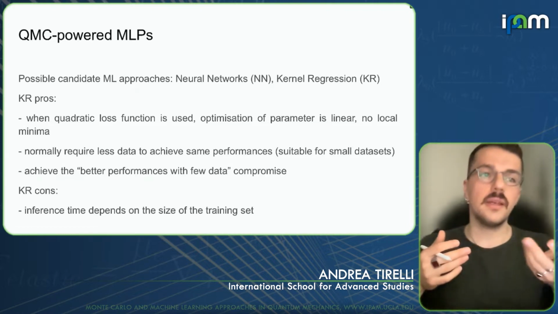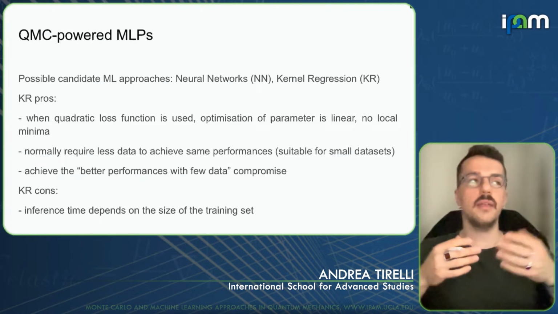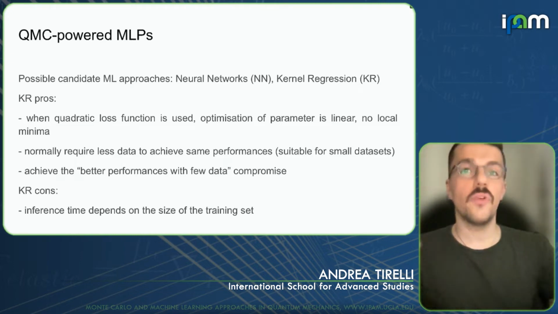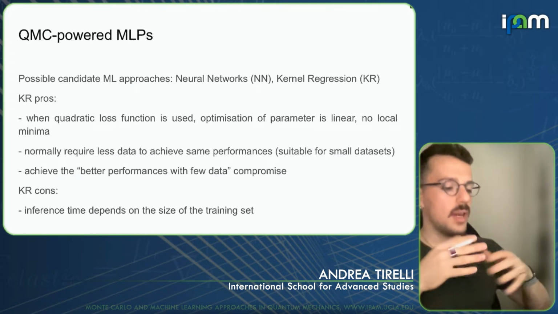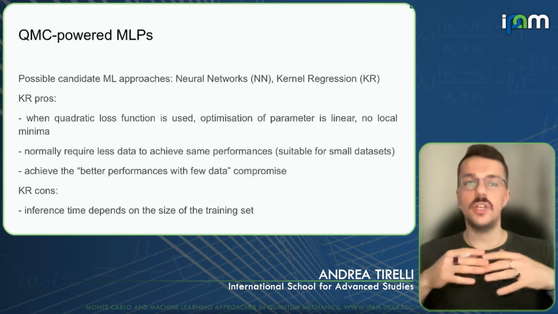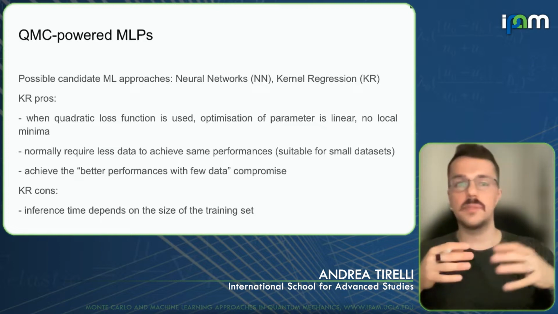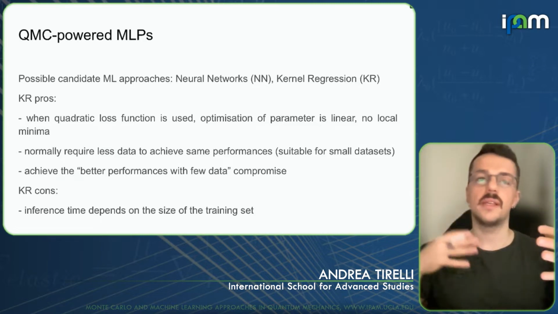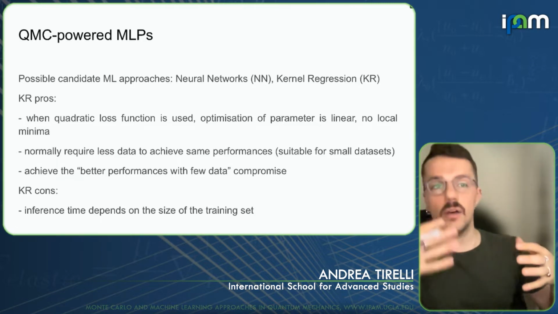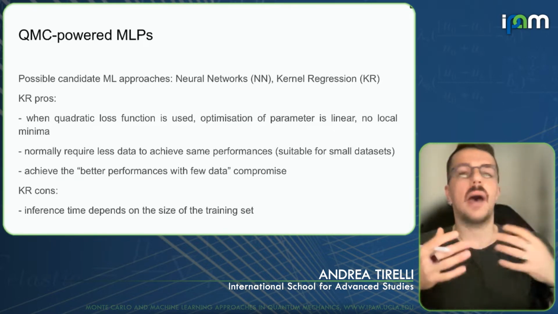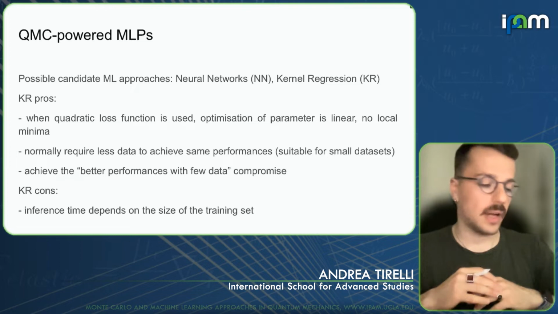On the other hand, it has been seen that kernel regression performs in general better for smaller data sets. So in a way, we can achieve, as I stated here, a good compromise between good performance and size of the training data, which in our case is somehow a limiting factor.